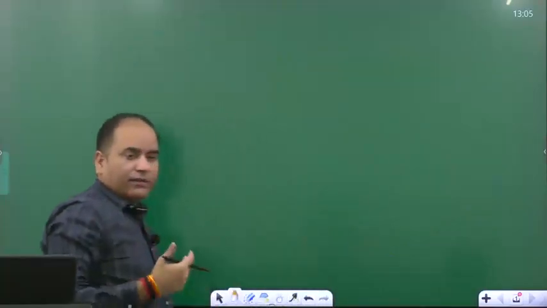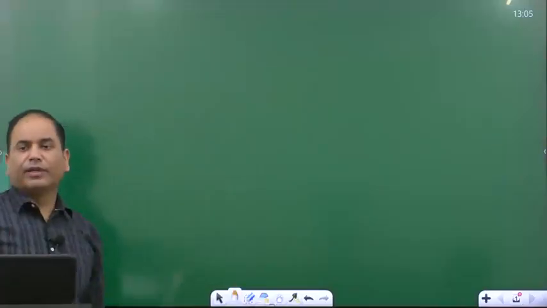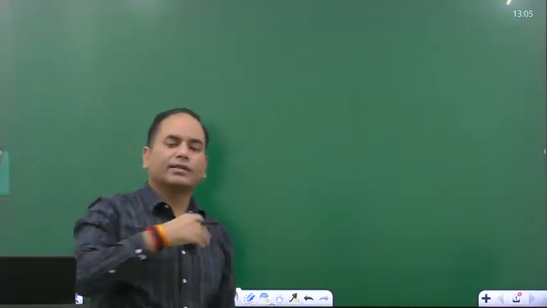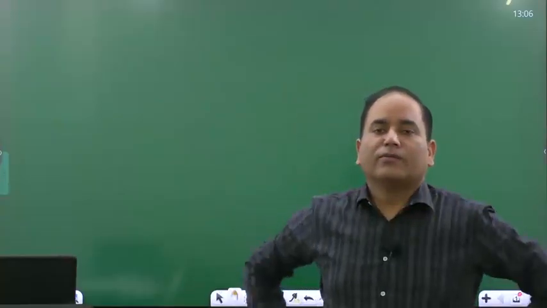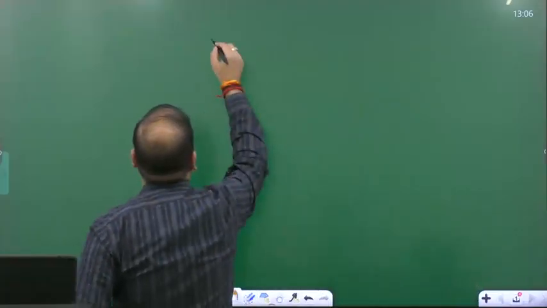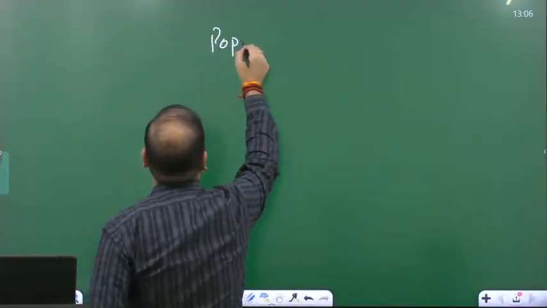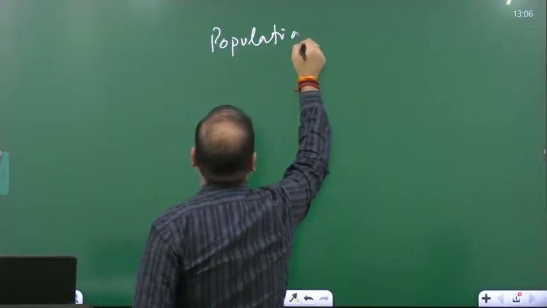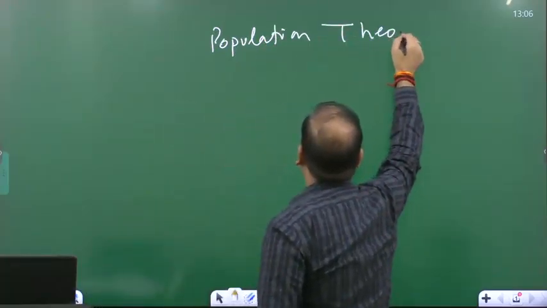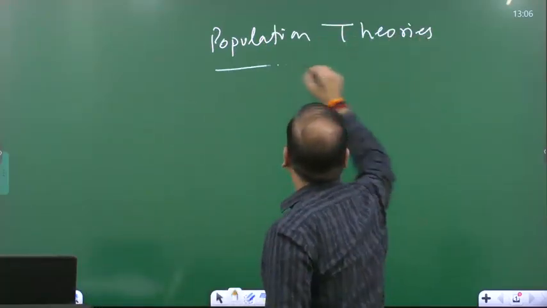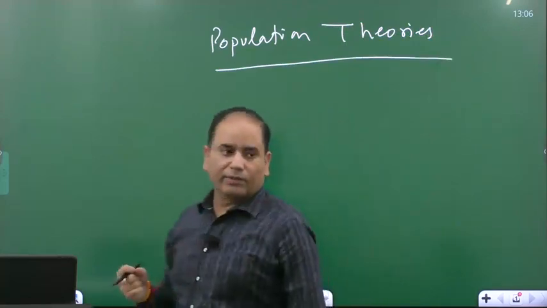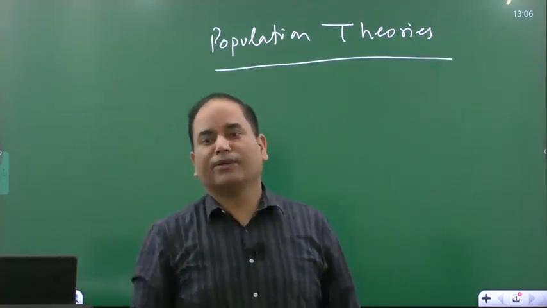So we have lots of demographic attributes, but we will study all the demographic attributes when we study the India geography. So now we are moving to the theoretical aspect. Theoretical aspects of population are simply referred to as population theories. Open your syllabus and look at the different theories that are given in your syllabus.